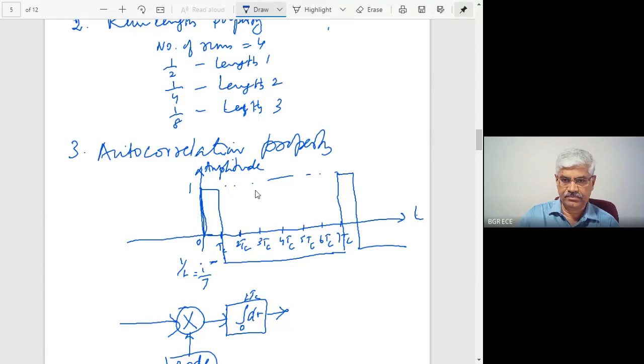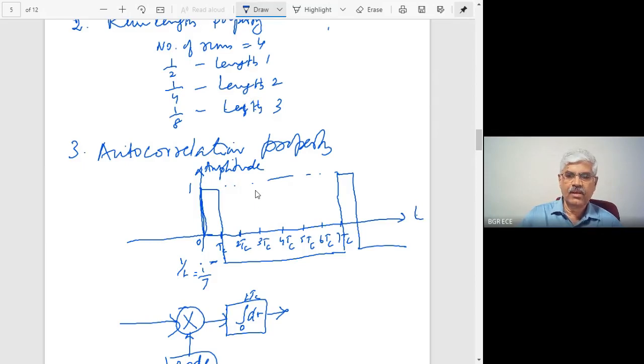Another thing is, in the meantime, when there is no peak, this is giving you an output which is almost 0. So whenever the receiver receives the complete code, it will give you an output, and during other periods, when the code is entering into the register, it will give you a 0.